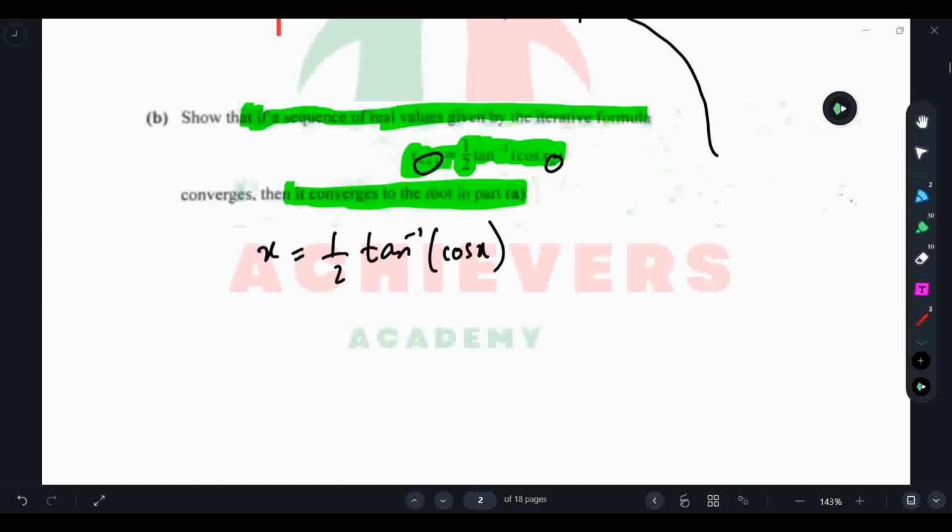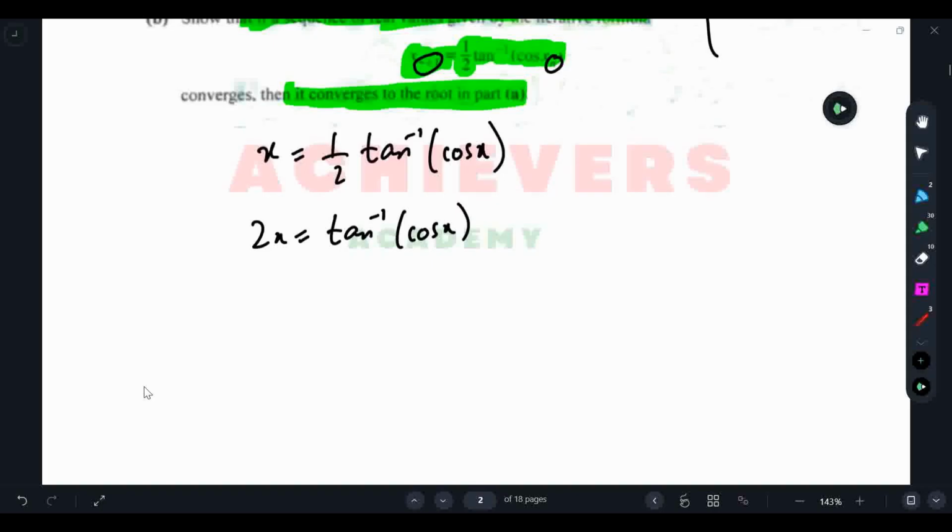Now if we simplify it, we can write it as 2x is equals to tan inverse of cos of x.